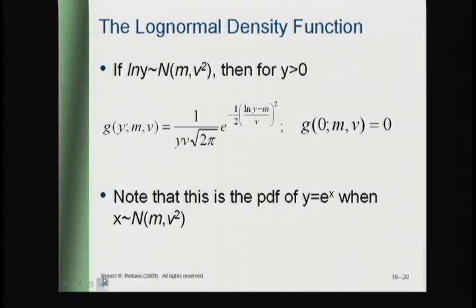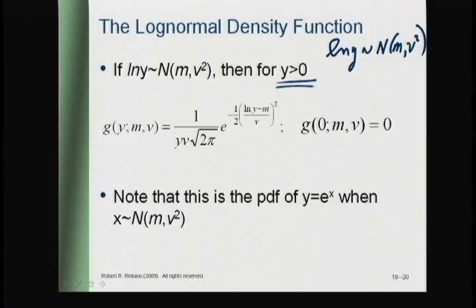We can also develop the probability density function of the log normal. And remember that basically what we're saying is that the log of y is normal. And if you look carefully at this density function, because we're exponentiating a normal, by definition, for any normal value, we get a positive log normal variate.